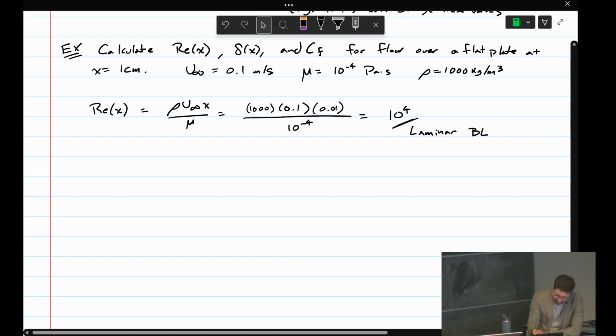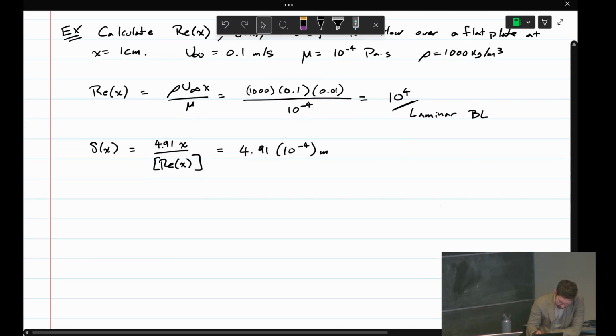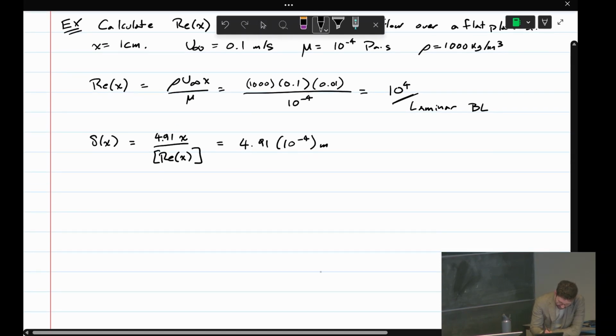Okay, so since it's laminar, we're going to use the laminar relations. So delta of x is 4.91 x over the square root of the Reynolds number, which is 4.91 times 10 to the negative 4. Sorry, that's Reynolds number of x to the 1/2.